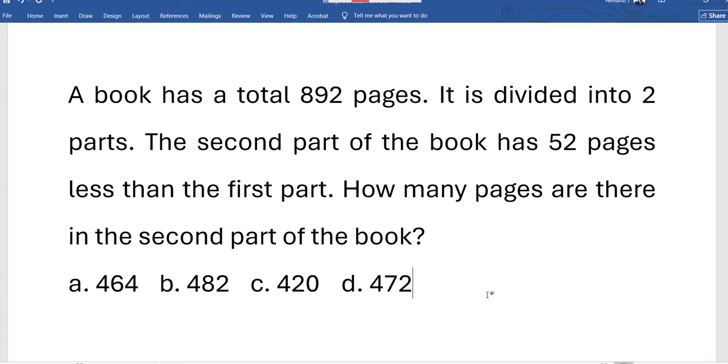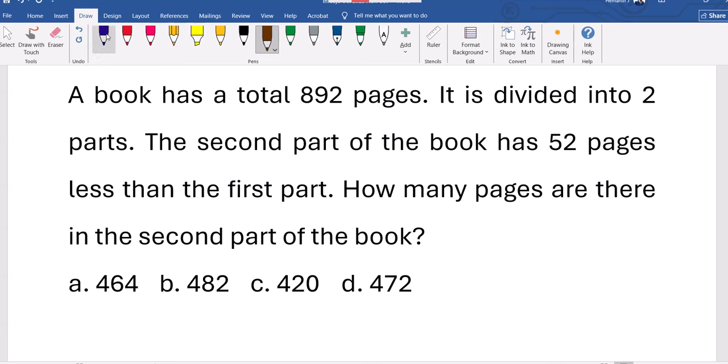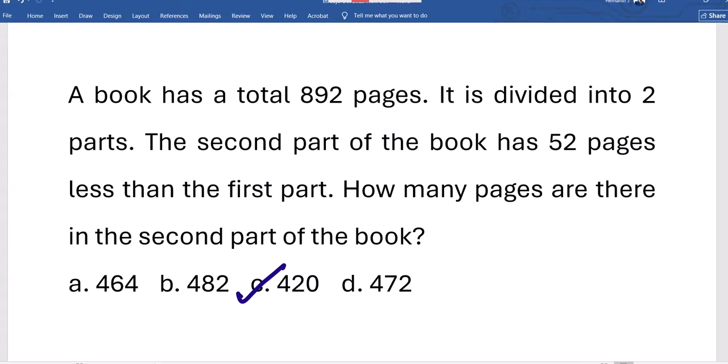Then how many pages are there in the second part? 472 is absolutely wrong. The answer is 420. They said the second one is less, no?